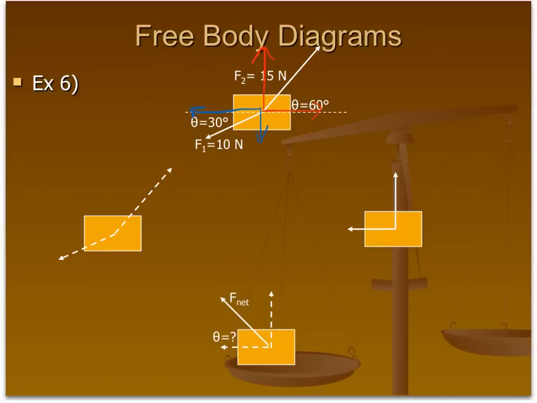It'll kind of look like that. Simplify that. And then once you have that, you can find your F net. Now don't forget to find the angle. You're going to use the inverse of our trig functions. So the inverse of either sine, cosine, or tangent. And again, if you can solve this problem for me and show me the answer in class, you'll get 2 points extra credit.